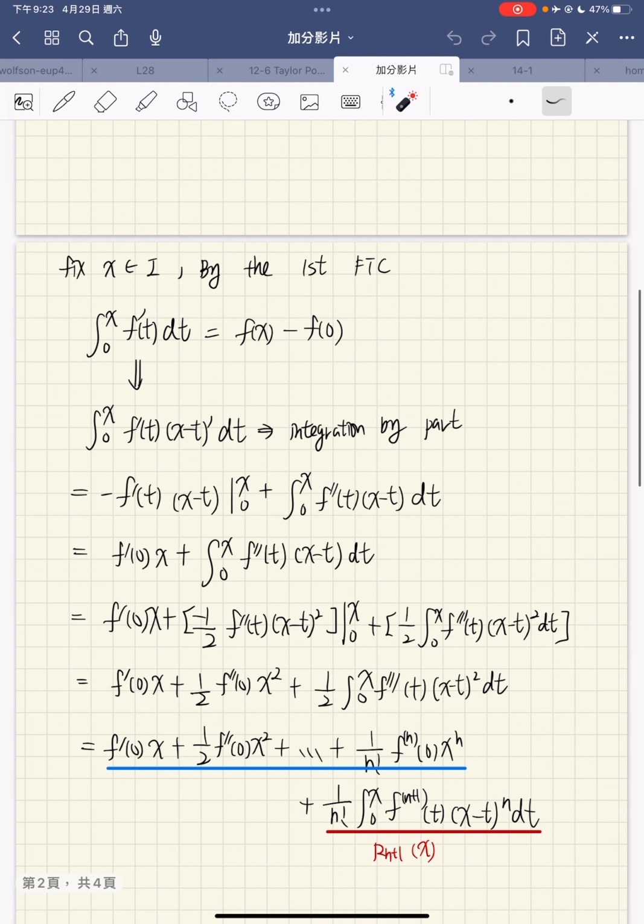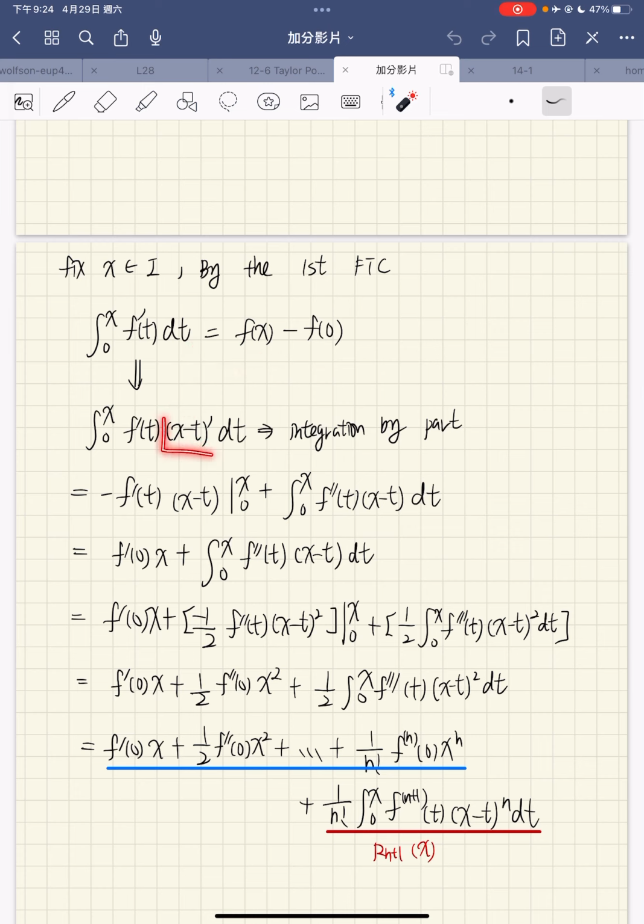Okay, and next, we want to solve this problem in another way. We use integration by parts to solve this integral. So we can rewrite it in this form, because the derivative of x minus t is equal to 1, so we can just rewrite it like this.